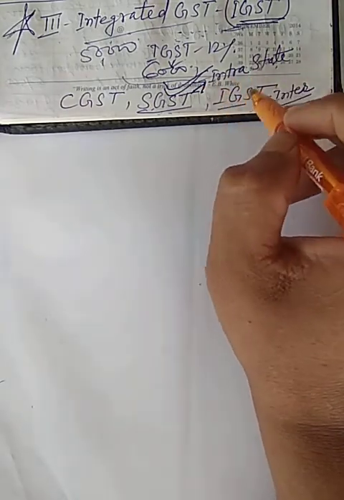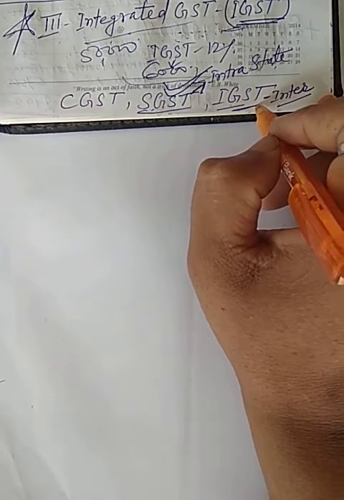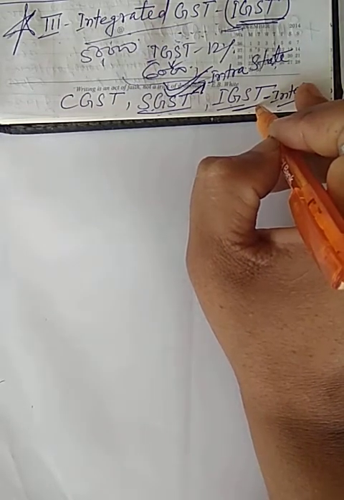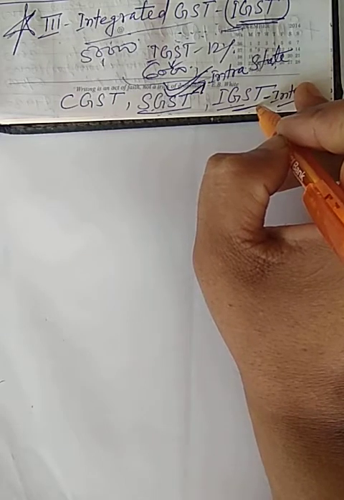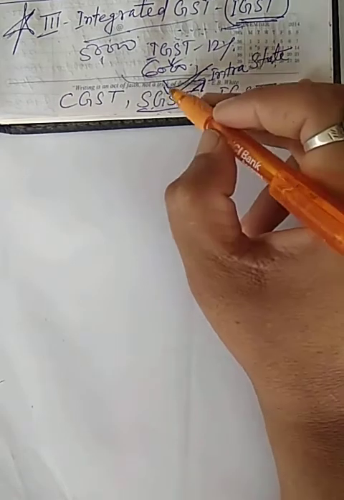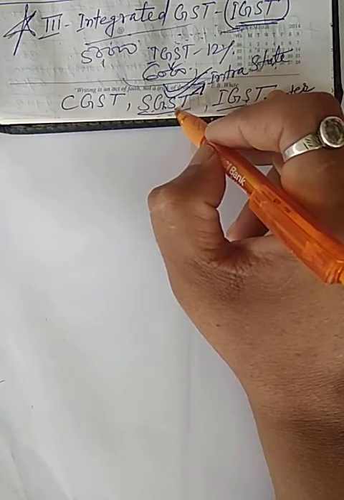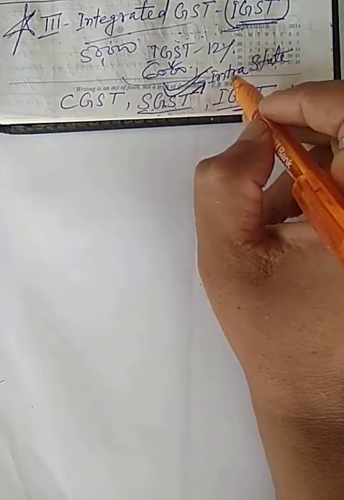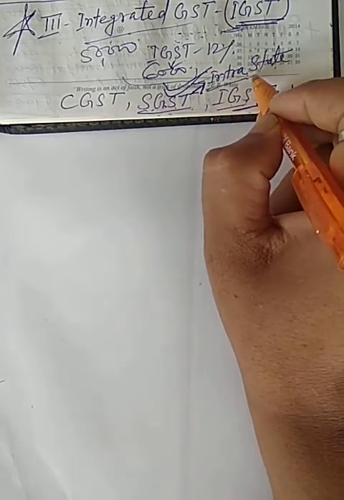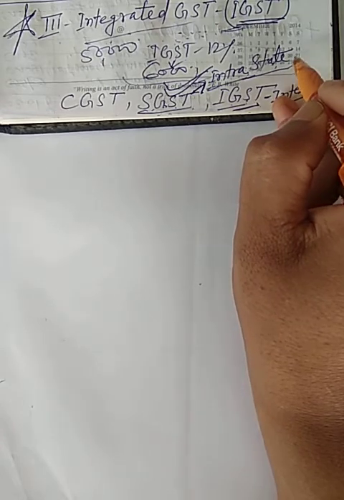So this is the difference. IGST is implemented in the case of one state to another state and one nation to another nation also. But SGST is implemented within a state. This is called intra-state, INTRA, intra-state. So this is the theoretical part of GST.